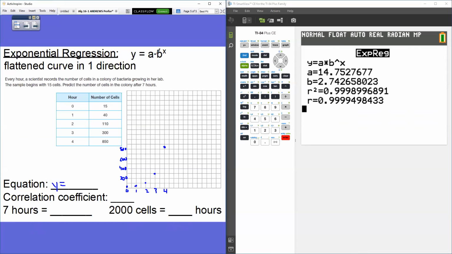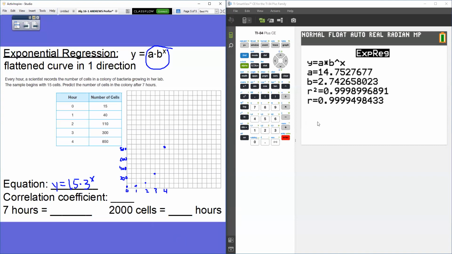Notice that it is a times b to the x power. Our a value, rounded to the nearest whole number, is 15, times our b value 2.74. 2.74 is just 3 to the x power.